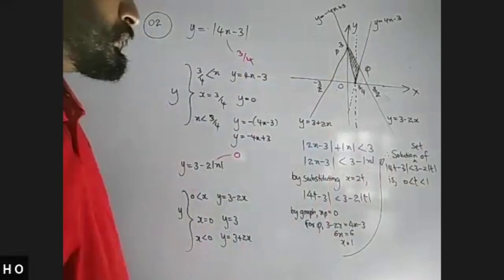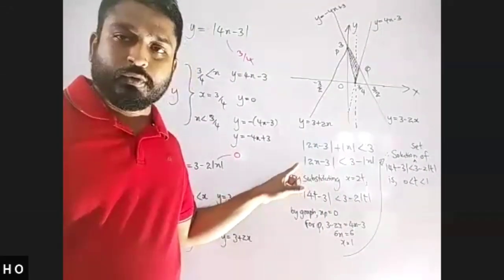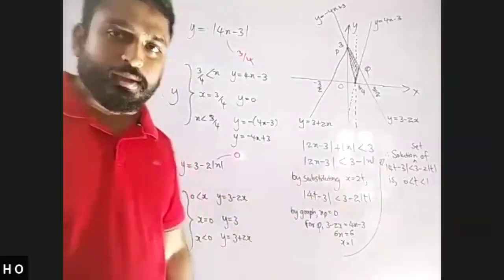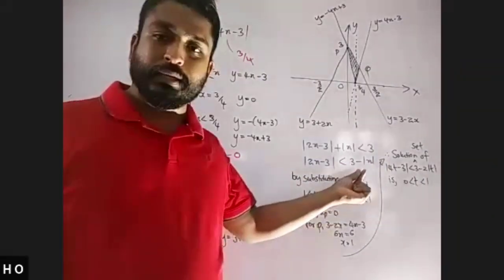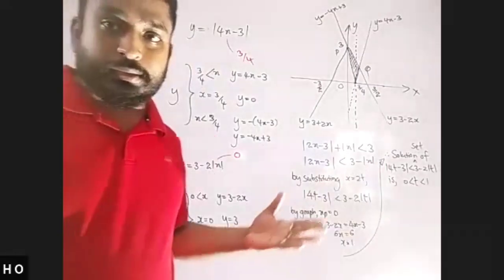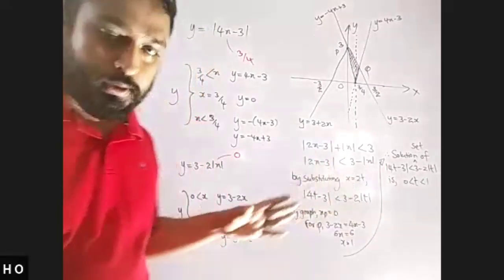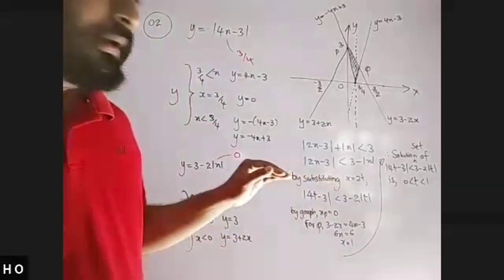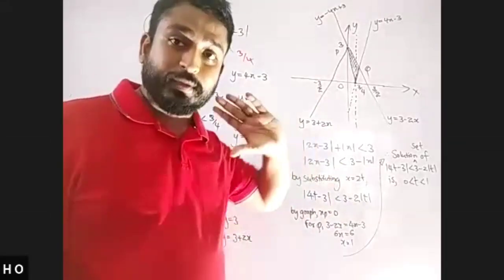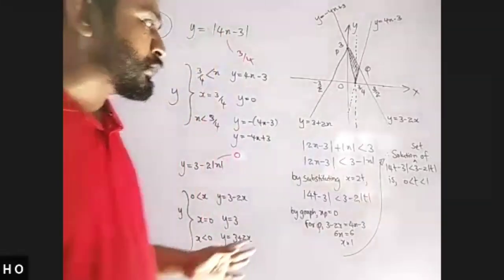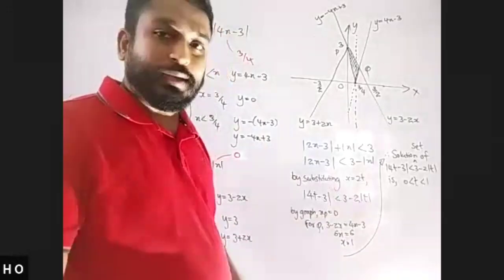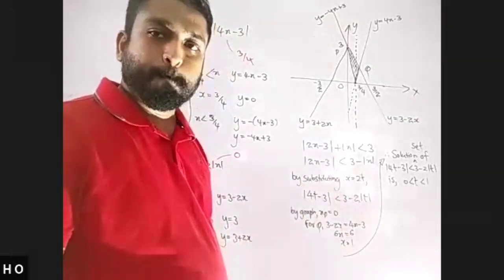Again, to have the solution, you have to go back to x. As you have substituted x equals 2t, to have the solutions of x, you always have to multiply the answers of t by 2.